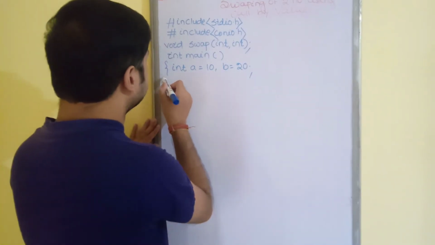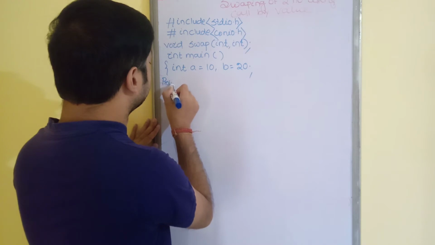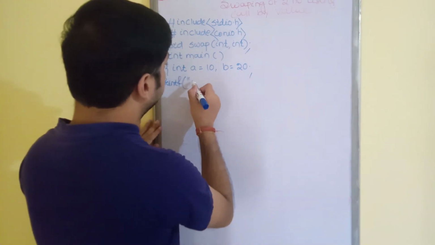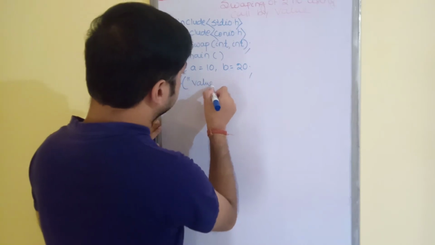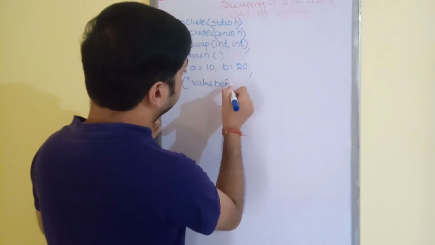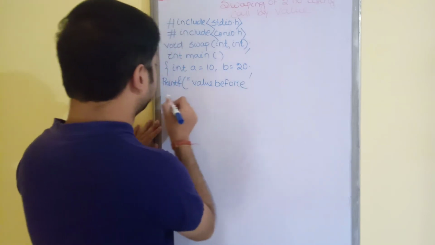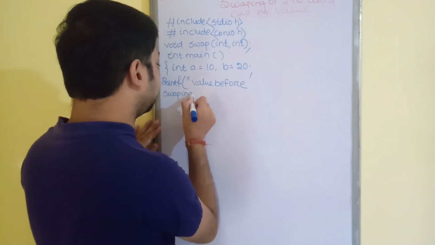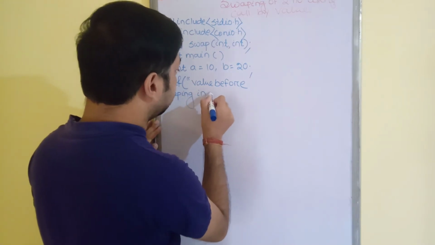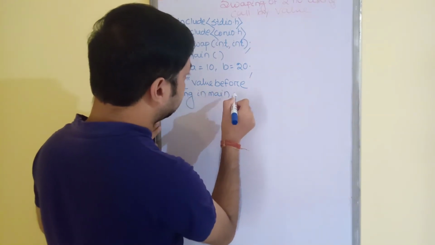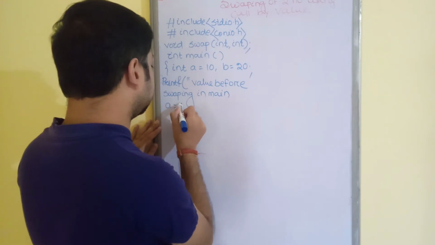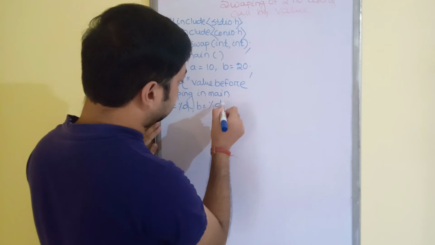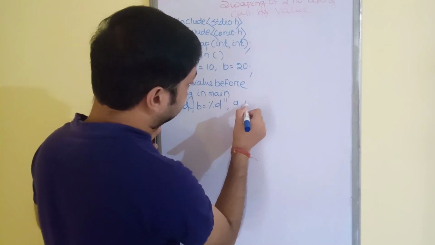Then I will print a message here, that is printf value before swapping in main, that is a equals to %d, b equals to %d, so that I will print here a comma b.